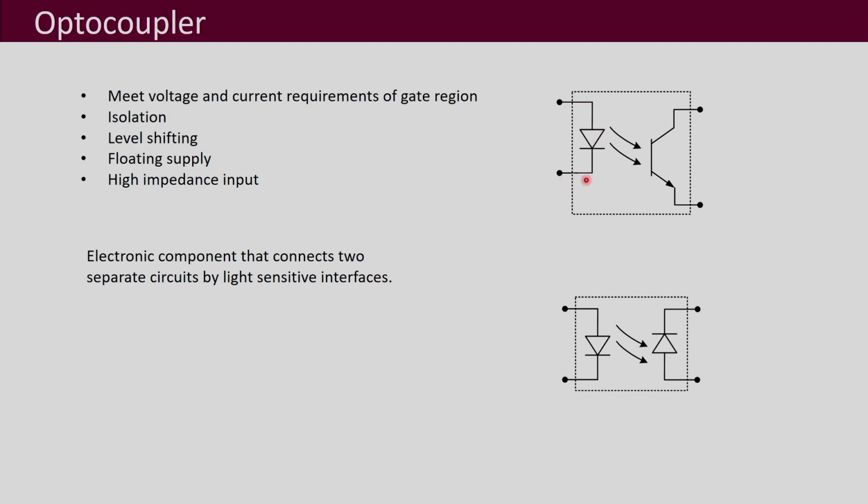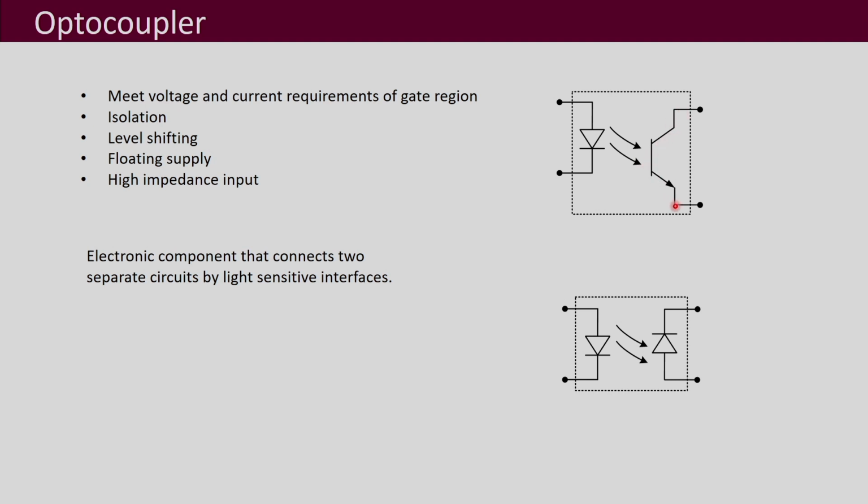Basically you have a photodiode, or you can say a light emitting diode, which when turned on is going to emit light, and then on the other side you may have a transistor or a diode, which is again a light sensitive, photosensitive device. So for example, in this kind of an optocoupler, whenever the light is emitted over here, this transistor starts to conduct because the light falls into its base region.